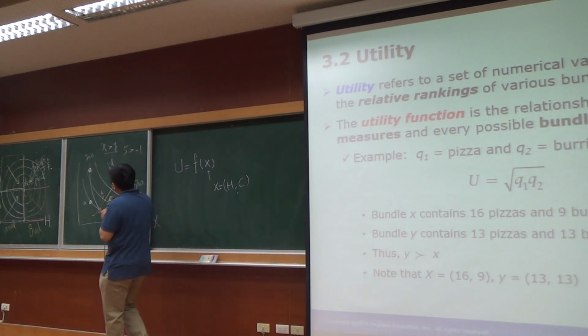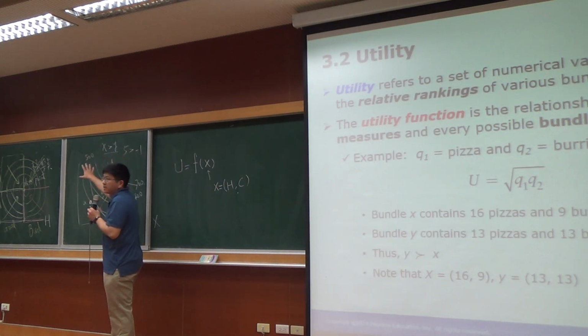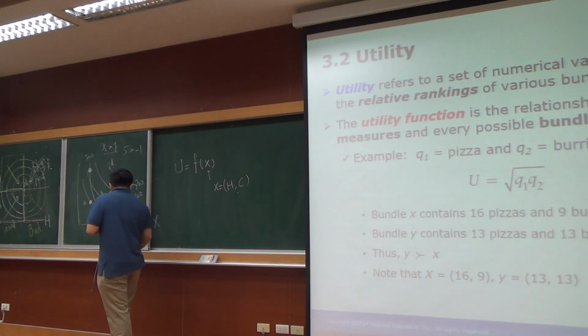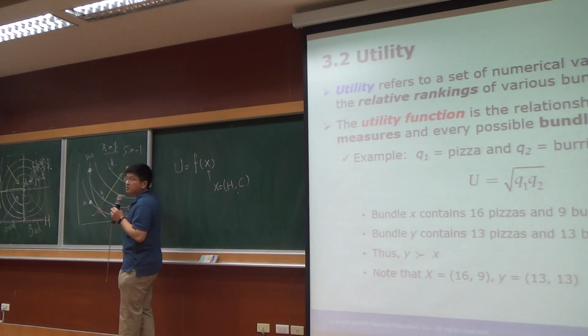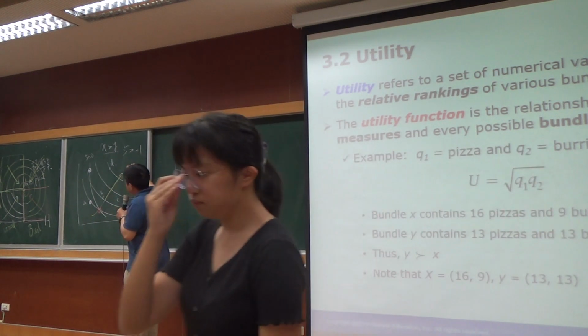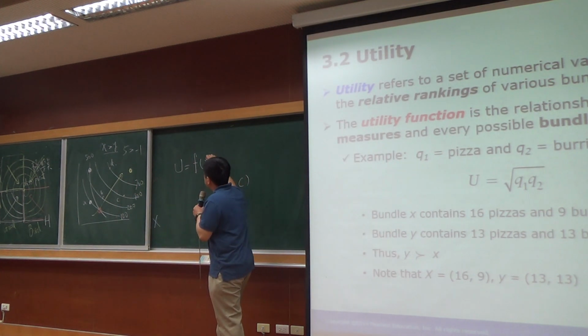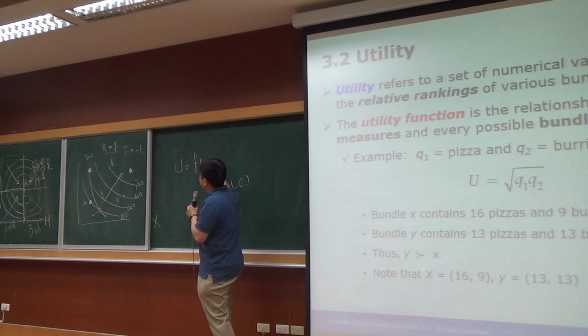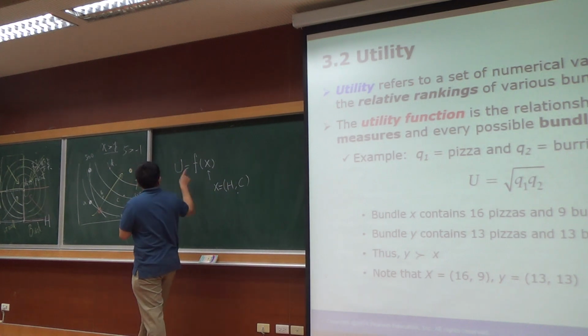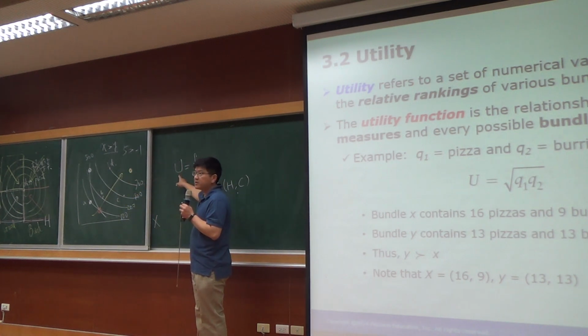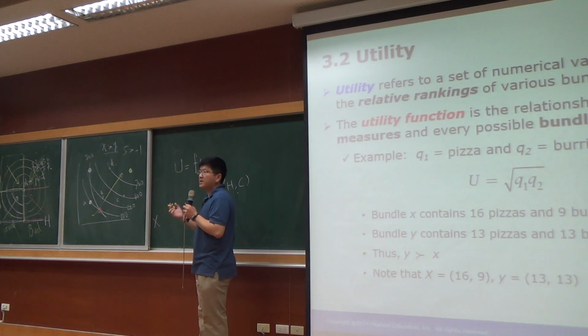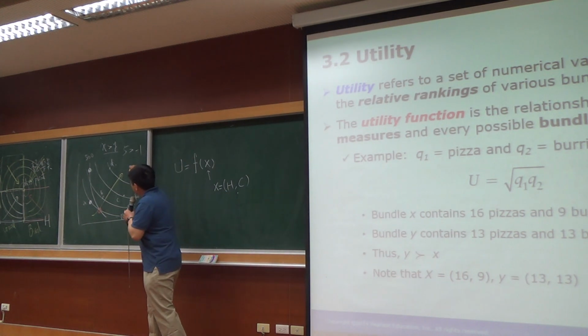Any point on the plane is a bundle of goods. And we throw these points into the utility function, and then this function would give us a value, a utility level of this point.